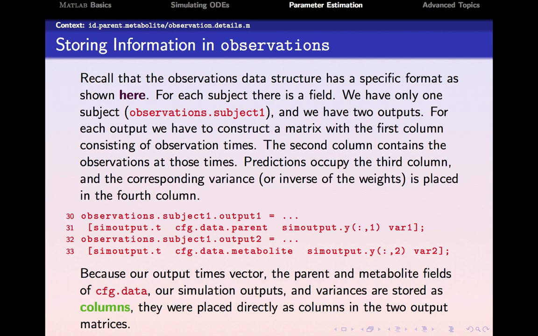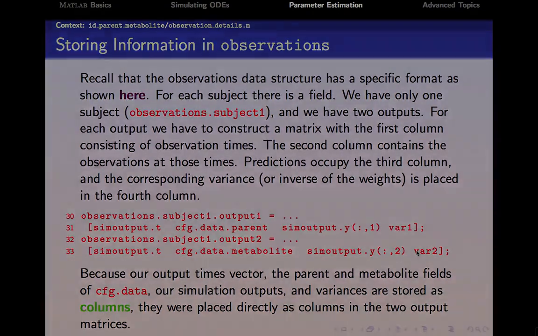Next, I need to create our observations. So I create observations.subject1.output1, and I give it the vector of times, the vector of data, this is where the parent is, the model predictions for the parent, and the variance for the parent. Then I give it the same output times, the data for the metabolite, the model predictions for the metabolite, and the modeled variance for the metabolite.